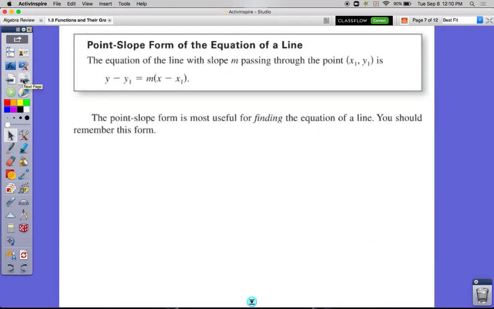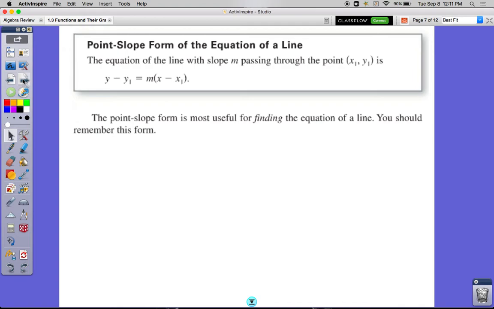So here we go. The other useful portion of this here is the point slope form. The point slope form is a little different. As you notice, there's no y-intercept here this time.